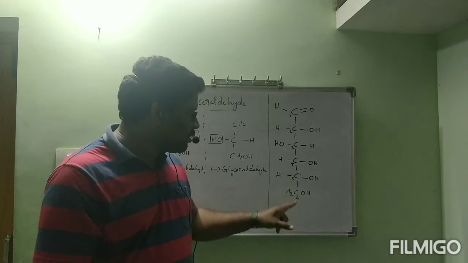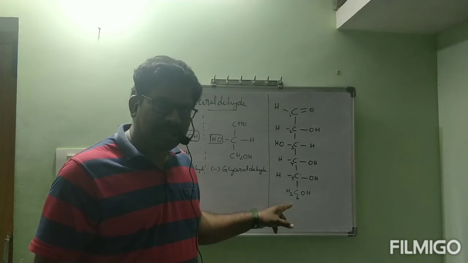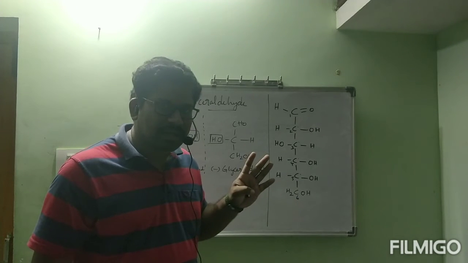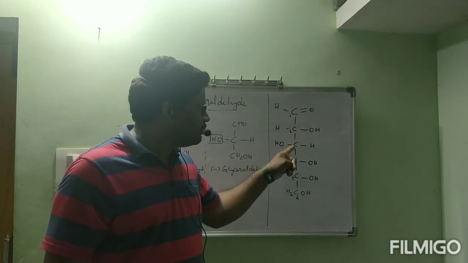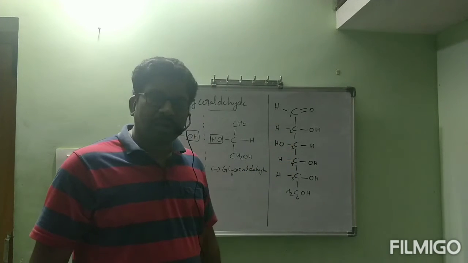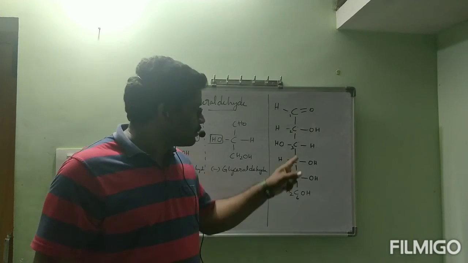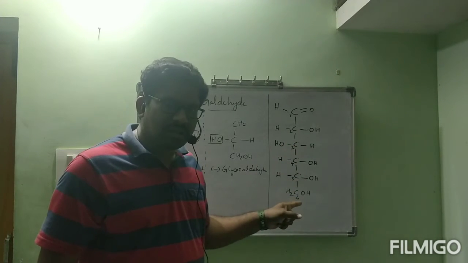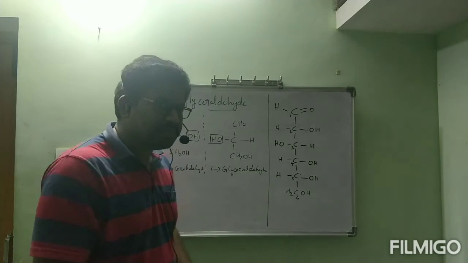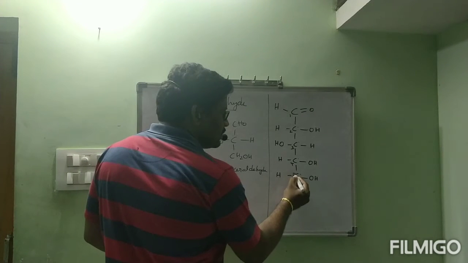This is bonded to 2 same hydrogens, so it does not come under asymmetric carbon. So 2, 3, 4, 5 carbons are asymmetric carbons. Which is the last asymmetric carbon? This is the last asymmetric carbon.